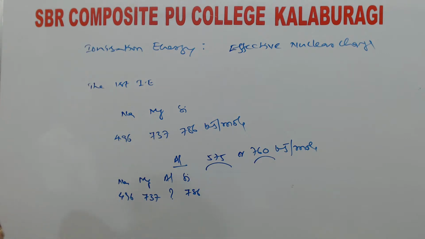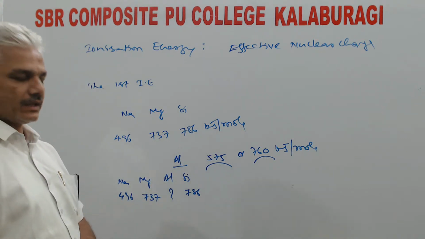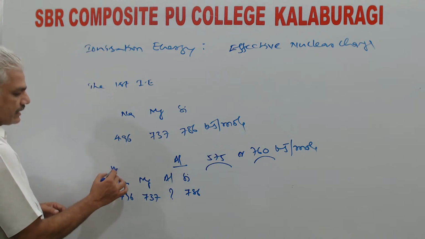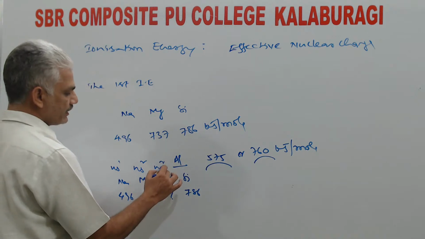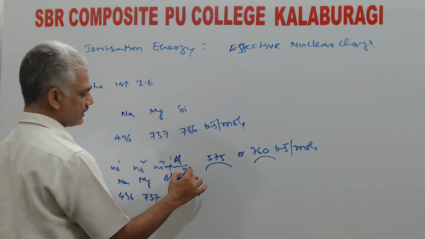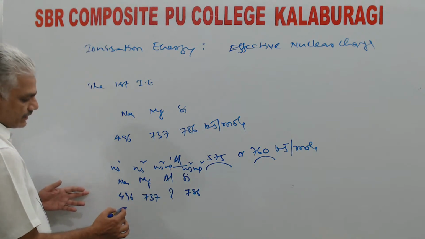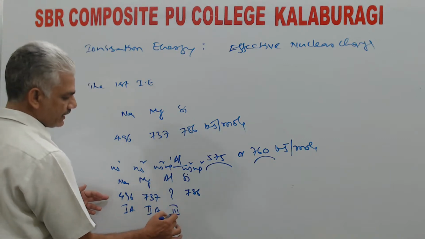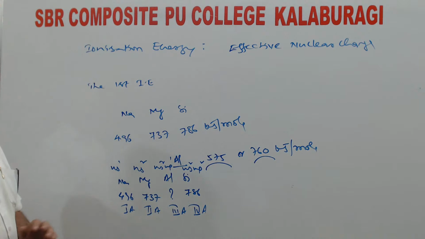How to predict? We can make use of factors affecting the ionization energy. If you look at the configuration, sodium has an ns1 configuration, magnesium ns2, aluminum ns2 np1, silicon ns2 np2. Sodium belongs to 1A, magnesium 2A, aluminum 3A, and silicon 4A.